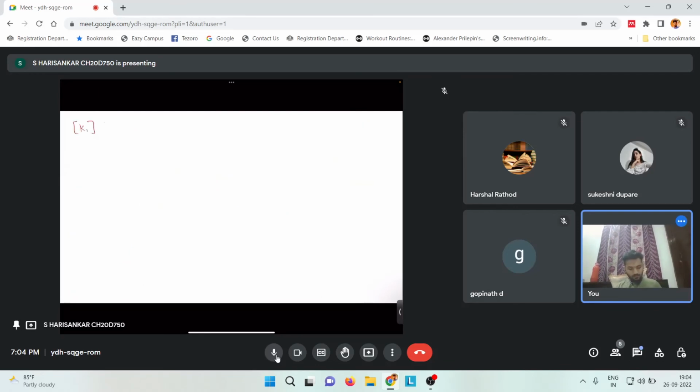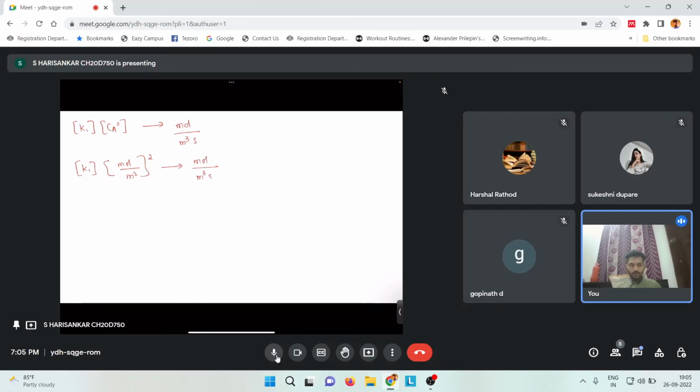K1 Ca square should be mole per meter cube second. So K1 into mole per meter cube, the whole square, will be mole per meter cube second.